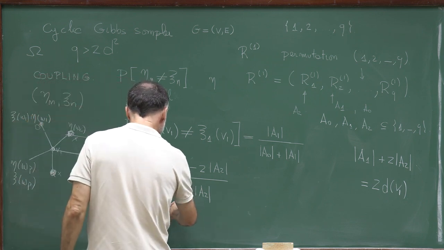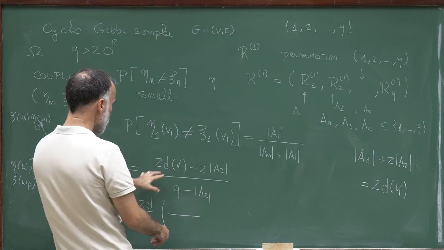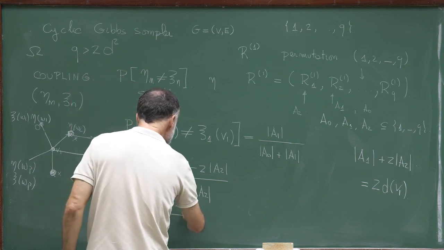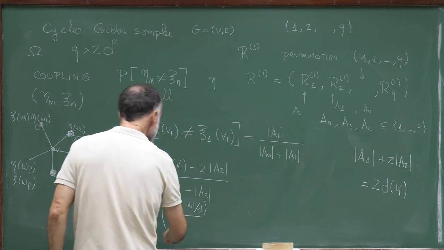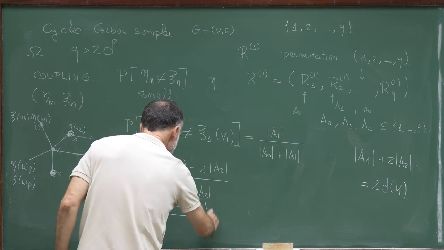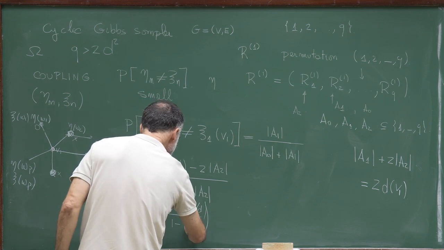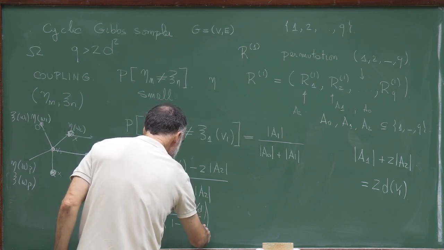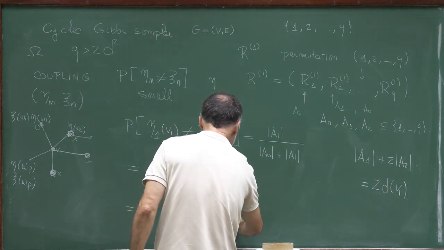And what I have here is 1 minus A2 divided by D, and here I have 1 minus A2 divided by Q, and I claim that this is bounded by 2D divided by Q.